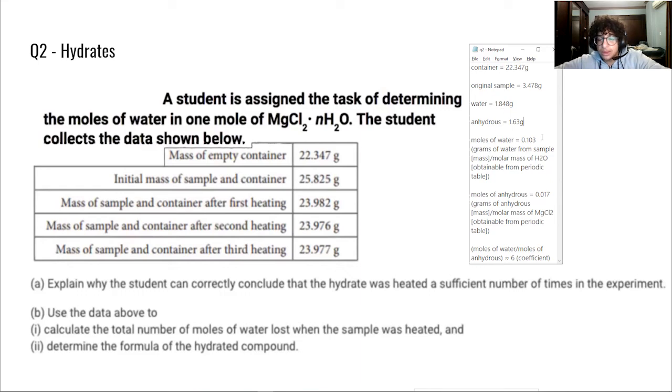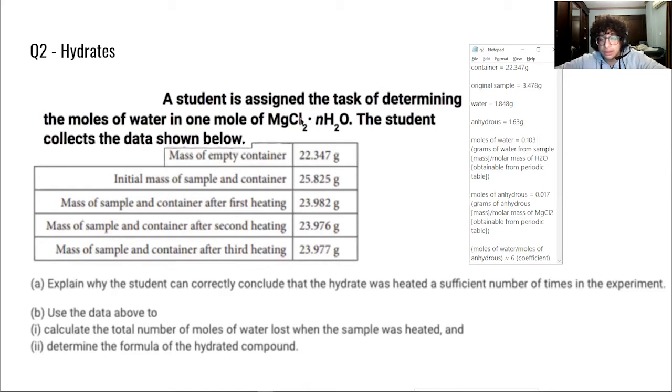So moles of water turns out to be 0.103. As stated before, you take the grams of water from the sample, which is 1.848, and you divide it by the molar mass of H2O, which is 18, and you get 0.103. And after that, you've got the moles of the anhydrous magnesium chloride. It turns out to be 0.017. Once again, you take the mass of anhydrous, 1.63, and divide it by its molar mass from the periodic table.